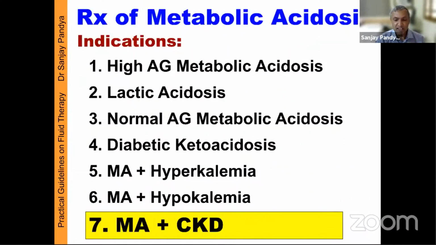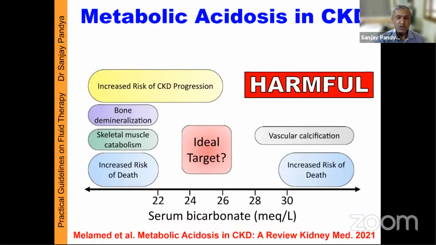Now, coming to the last part, and the most important for all of us, CKD. In chronic kidney disease, especially chronic tubulointerstitial disease, metabolic acidosis is very common, and this metabolic acidosis is going to be harmful. It increases the risk of CKD progression.